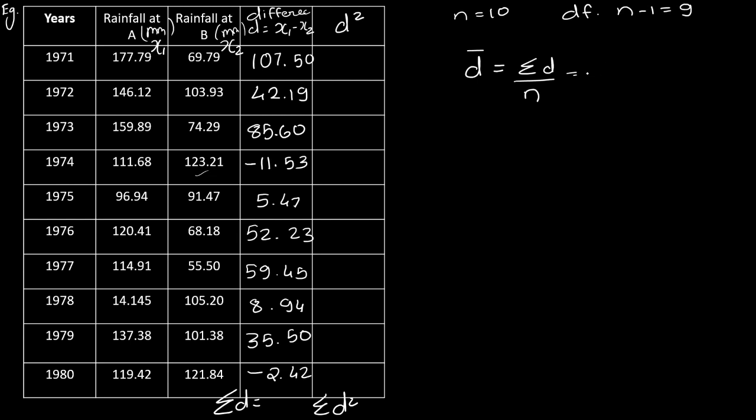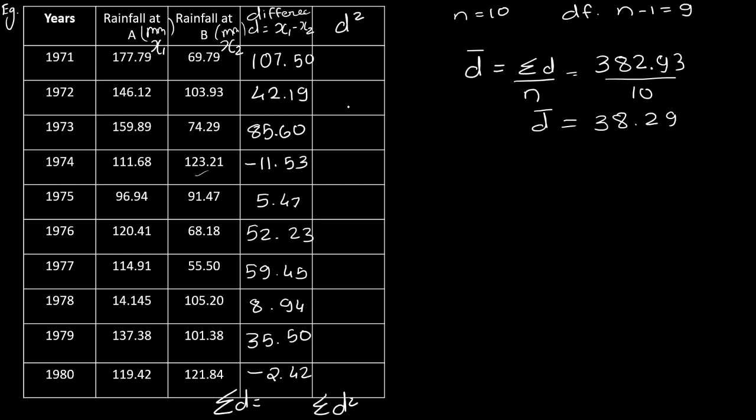Now with this, D bar will be what? Summation D upon n. Summation D comes out to be 382.93 upon 10, that is 38.29. This is my D bar.